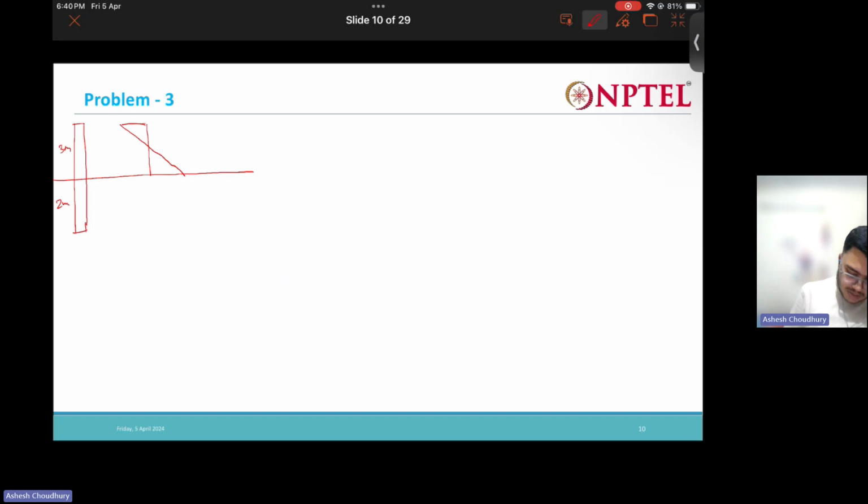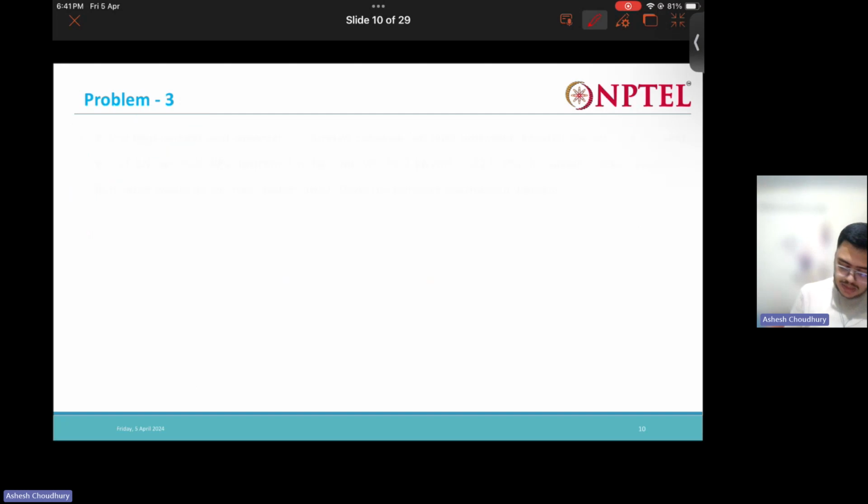From here to here, this is 1.76 meters. And what is this value? 2c, minus 2c. So this is minus 30 kPa.